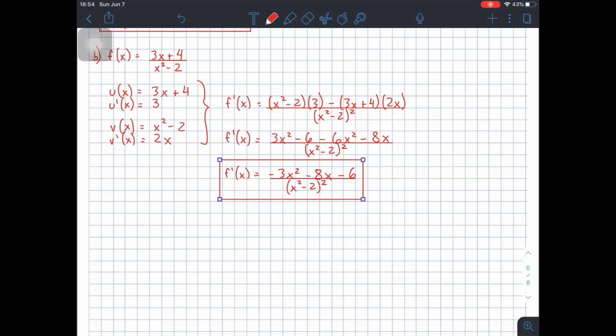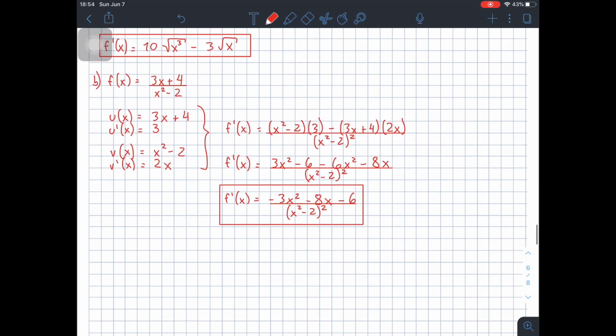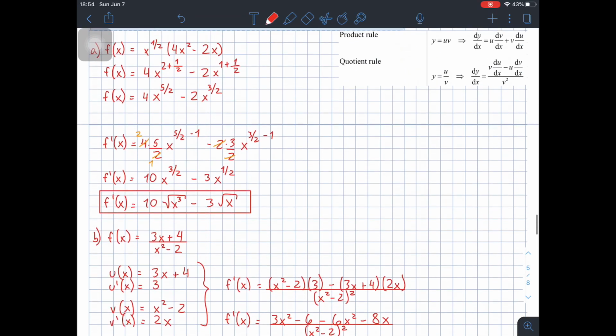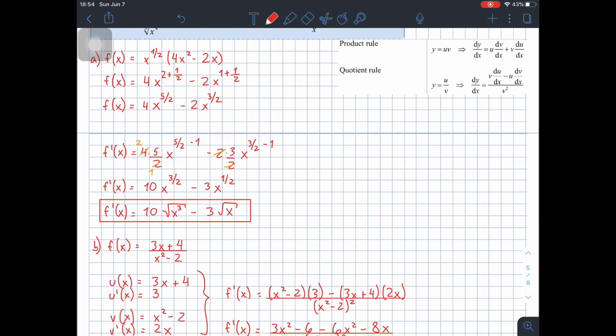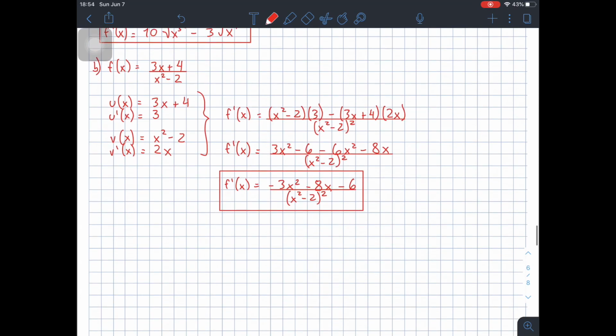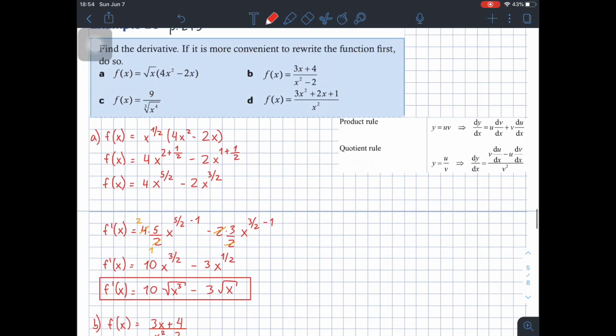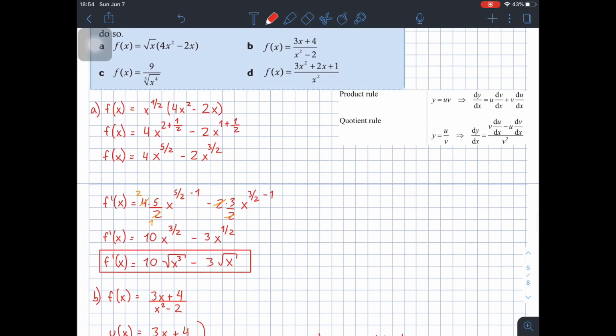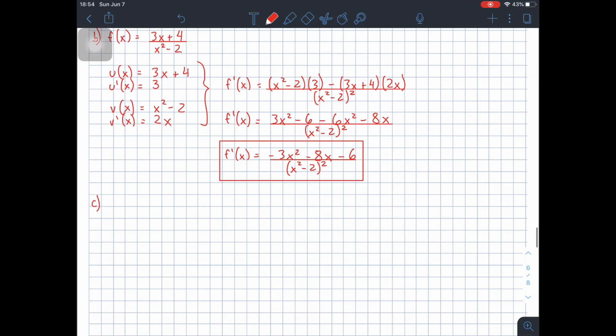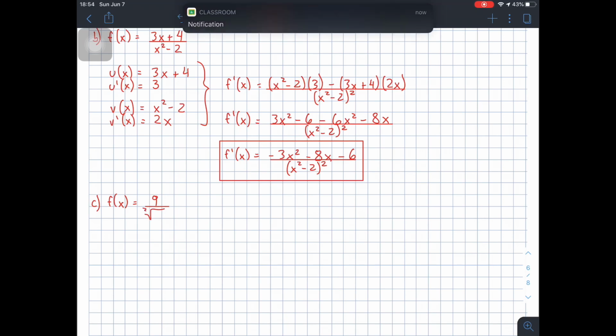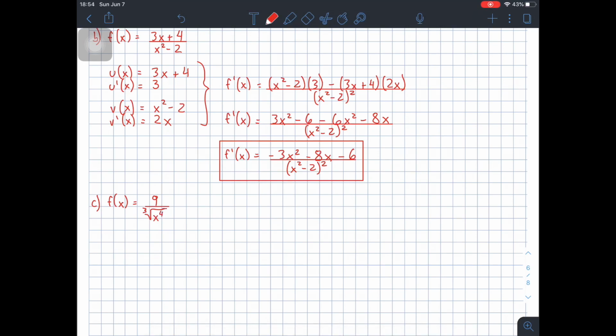Okay, so this is an example of the quotient rule. You see that it's simple, it's easy, it's just applying the quotient rule formula, right? Okay, so let's see part C. Let me copy the function: f of x equals 9 over the cubic root of x to the power of 4.